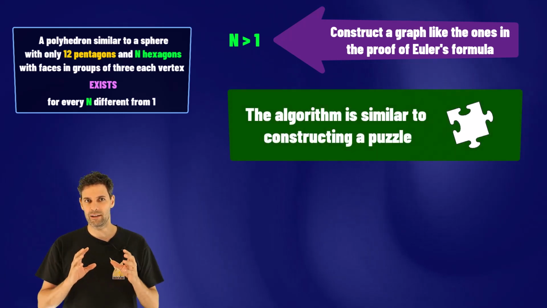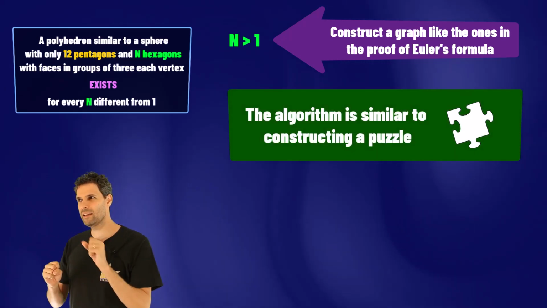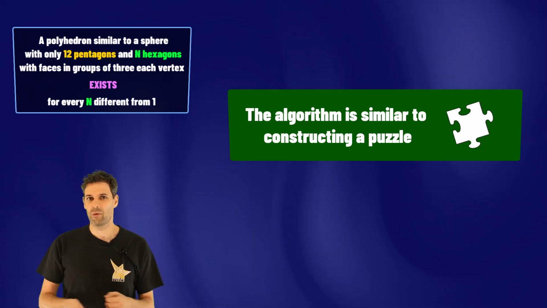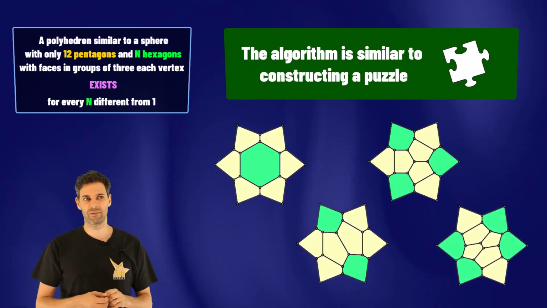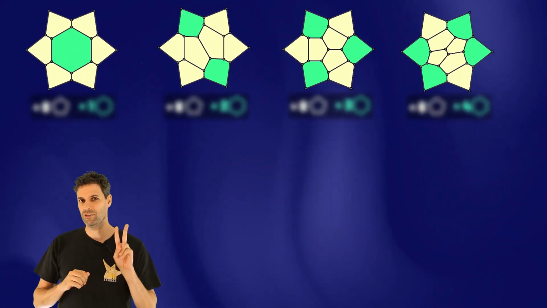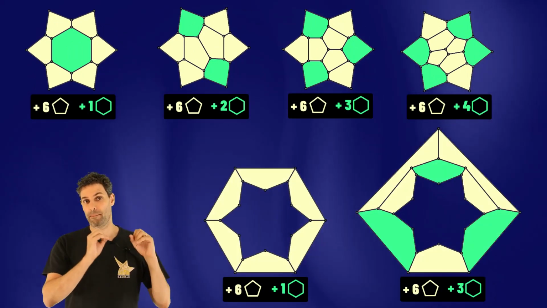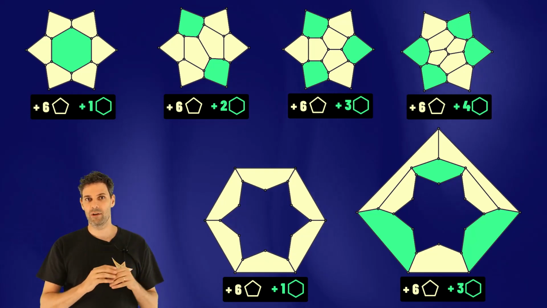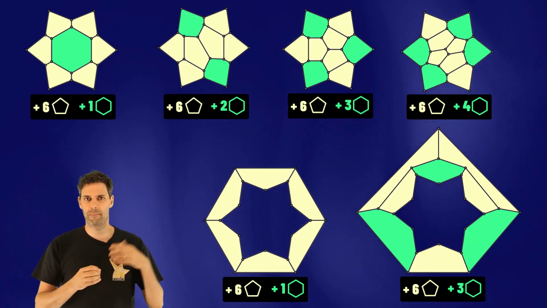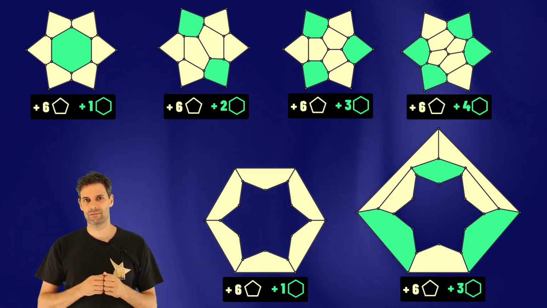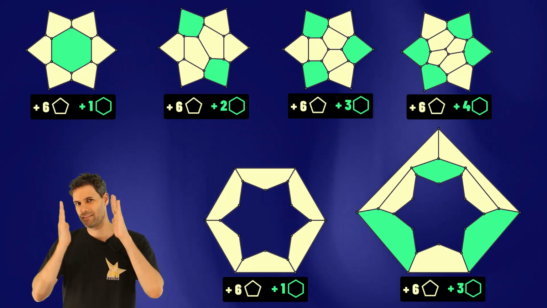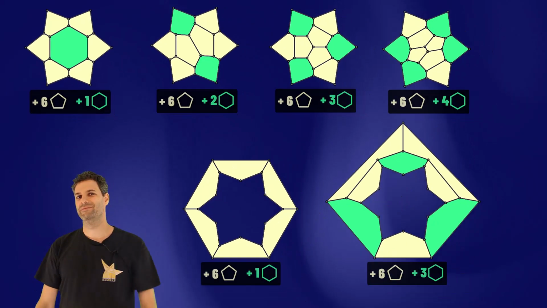And we will do it like in a puzzle game. We have just 4 pieces and 2 starting frames. Every time we put a piece into the starting frame, we are adding a certain number of pentagons and hexagons. Now, let's try to construct some examples.